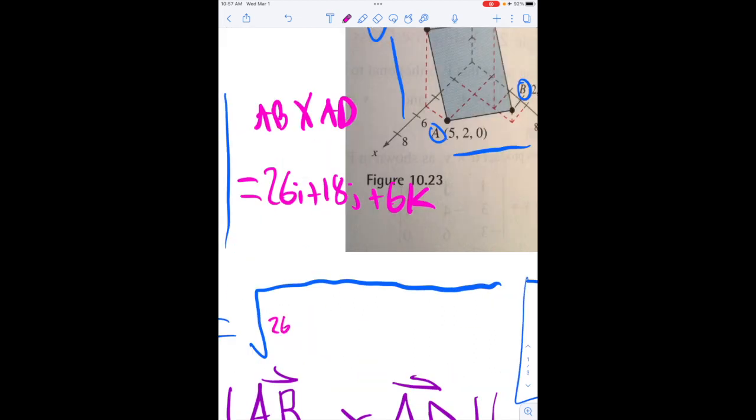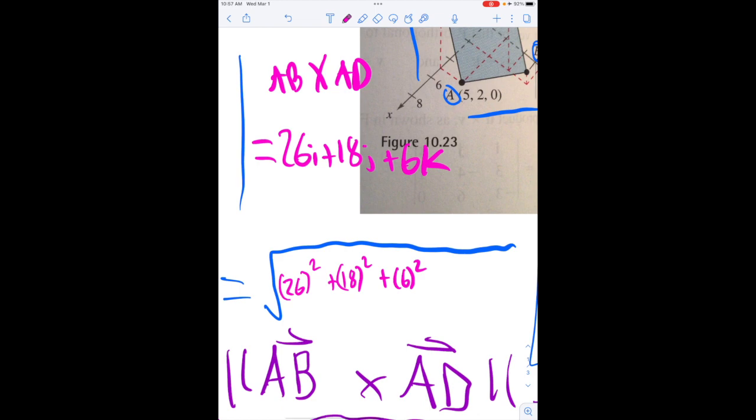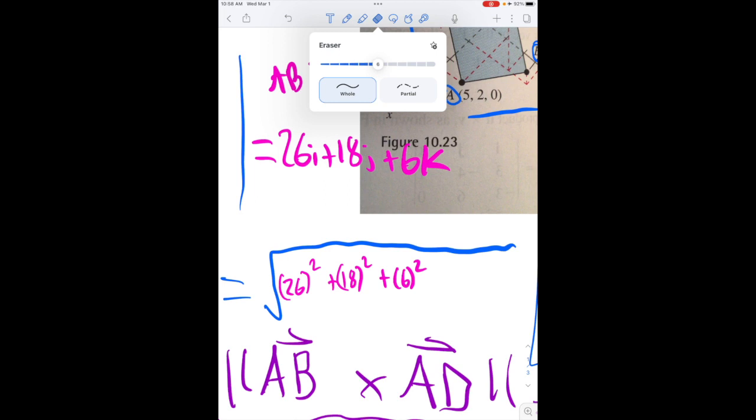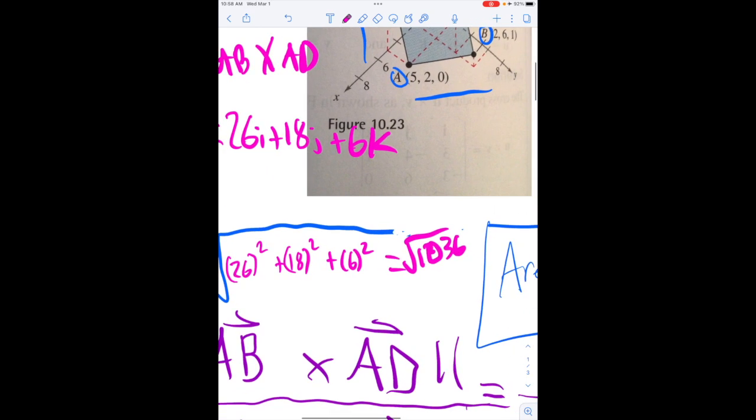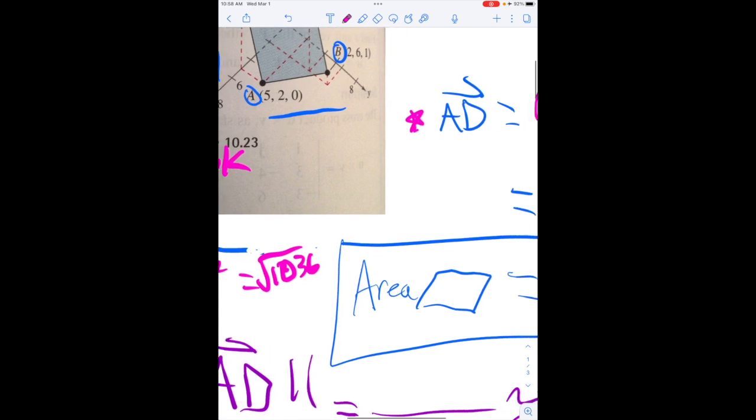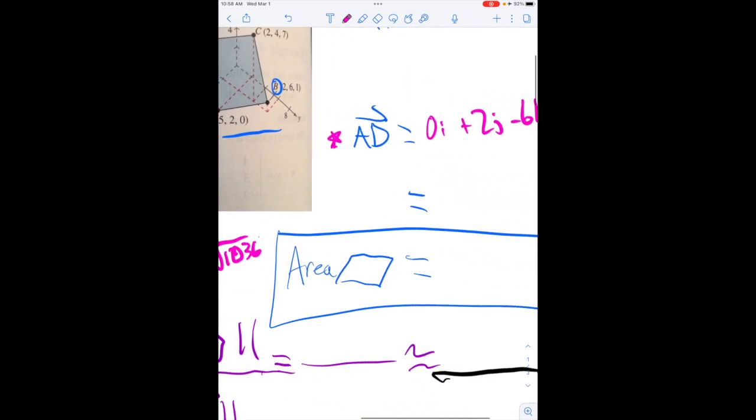Looking at the cross product that we just got, I have 26, 18, and 6. When I do all that math, I end up getting 1,036, which is approximately 32.19. That would be in whatever our units are. So 32.19 is approximately the area of our parallelogram.